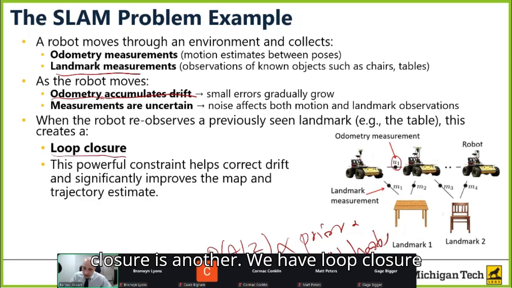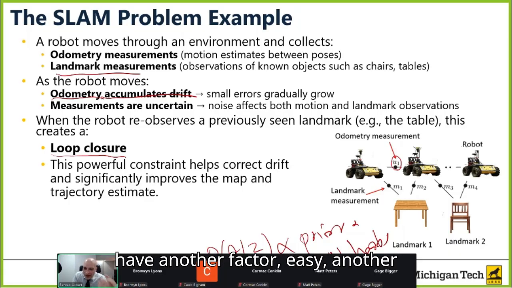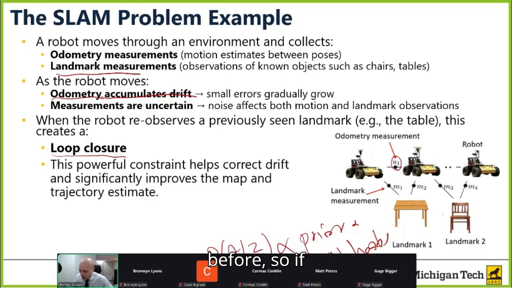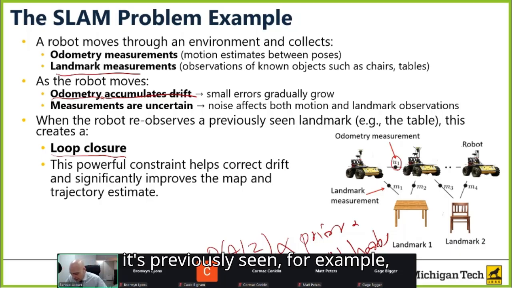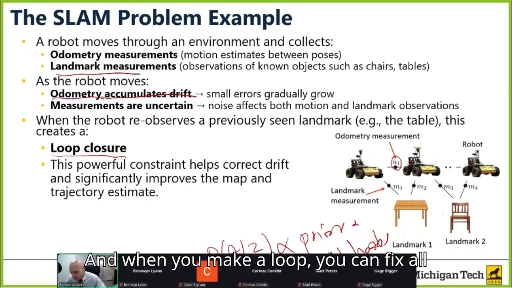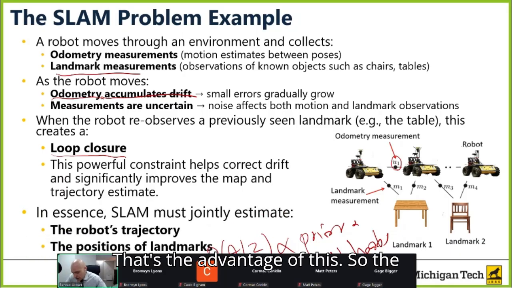Loop closure in a factor graph is easy to implement. You just need to have another factor, called loop closure. If you see something that you saw before, for example a previously seen landmark, you can make a loop, and when you make a loop, you can fix all those drifts. That's the advantage of this.